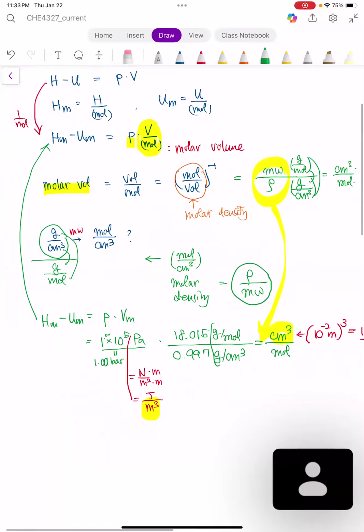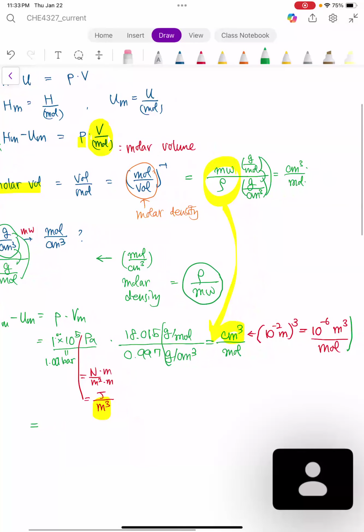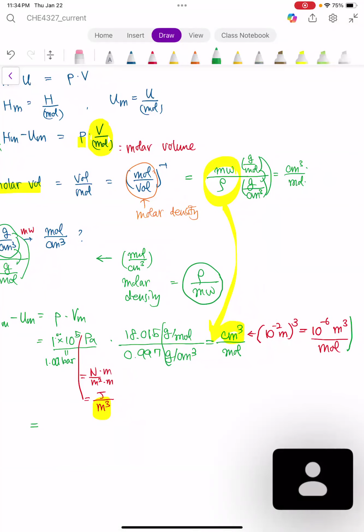Okay, so then here you can rewrite this. The operation basically boils down to 1 times 10 to 5 Pascal times 18.015 divided by 0.997, and then multiply by 10 to minus 6.